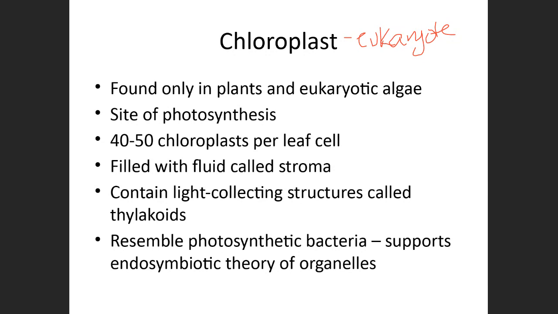The chloroplast is found in eukaryotes that can photosynthesize. So this means it's in plants, and it also is in some algae, which are protists. Algae like seaweed and stuff, they're actually not plants, okay? So plants and eukaryotic algae are the organisms that have chloroplasts.